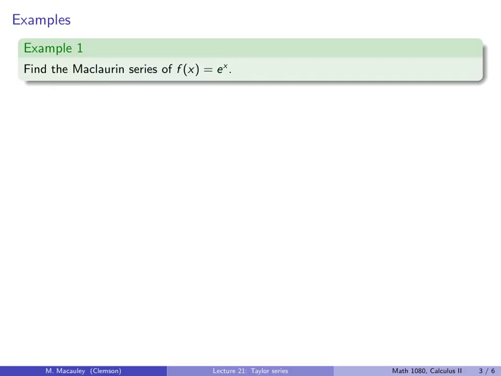Okay, let's do an example. The remainder of the lecture we will spend doing examples, because that's the best way to learn this. So let's recall our formula for f of x. I should probably call this k, not n. So the Taylor series, in this case the Maclaurin series, is the infinite series of c_k x to the k, and we have a formula for c_k.